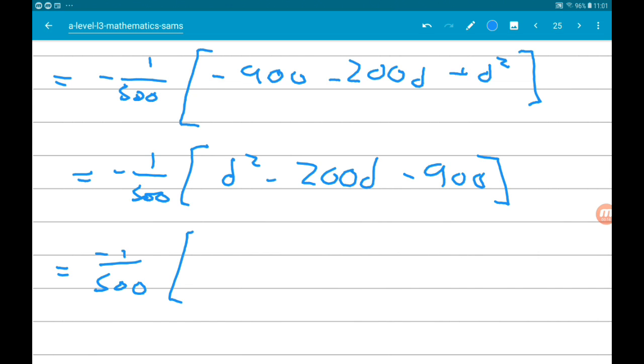So we're going to have d minus 100 squared, and then we got minus 900 on the outside, and then we also have to subtract 100 squared. Now 100 squared is 10,000.